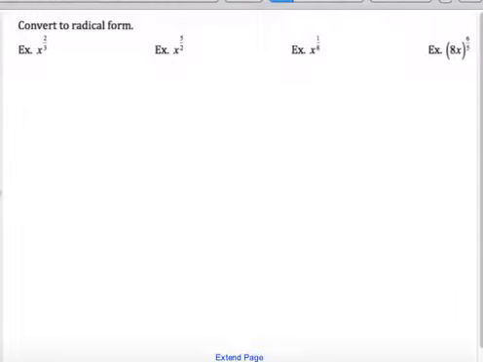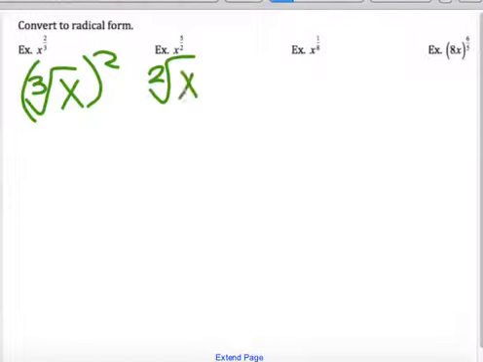So we have x to the 2/3. We know that's going to be the same as the 3rd root of x to the 2nd. So our denominator is our root, and the numerator stays the power. Here we would have the 2nd root of x to the 5th.